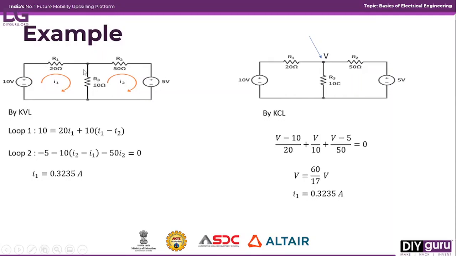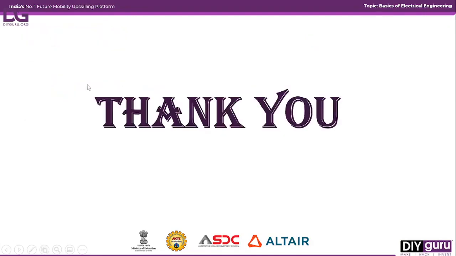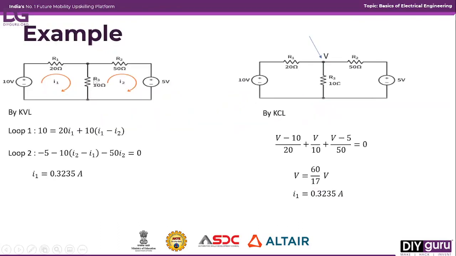In order to find the sum of these two drops, first we need to find the current through each element. Here we know that the current I1 is flowing in this direction, but for this element two currents are flowing: I1 is coming from top to bottom, whereas I2 is coming from bottom to top.